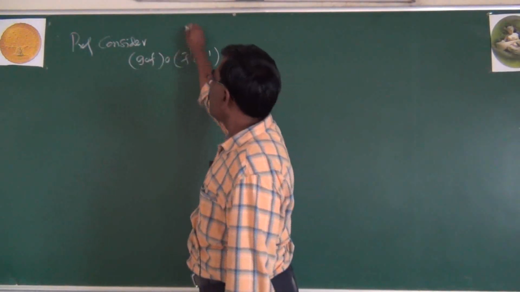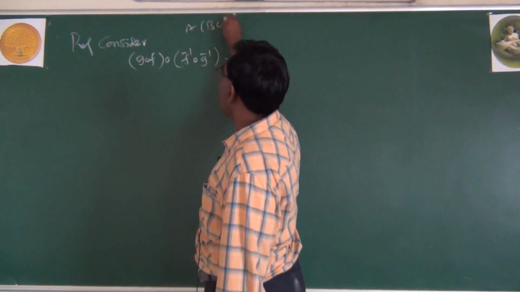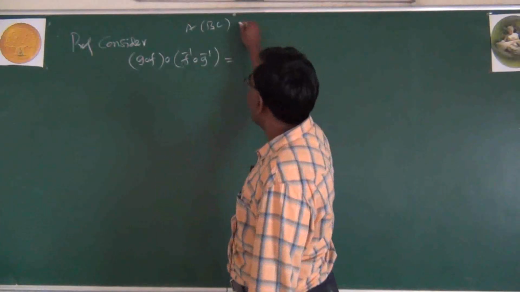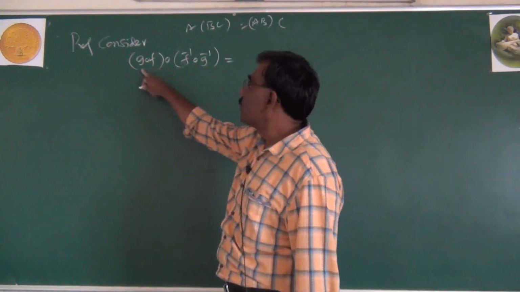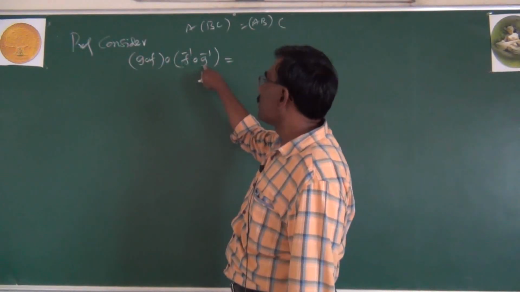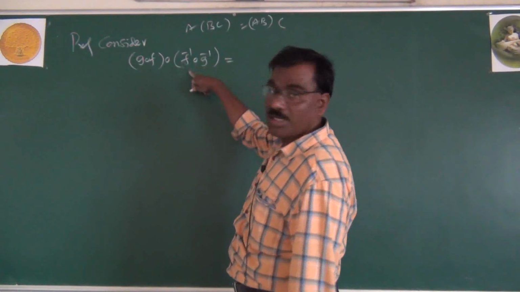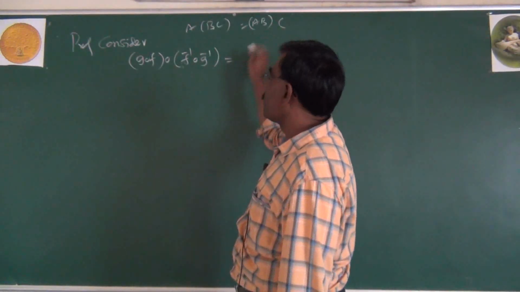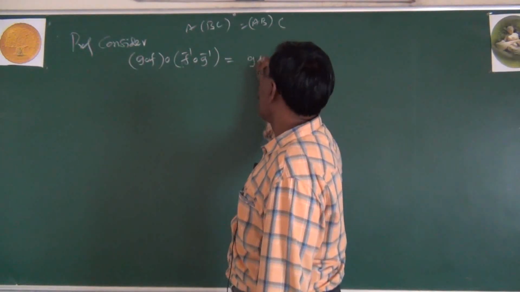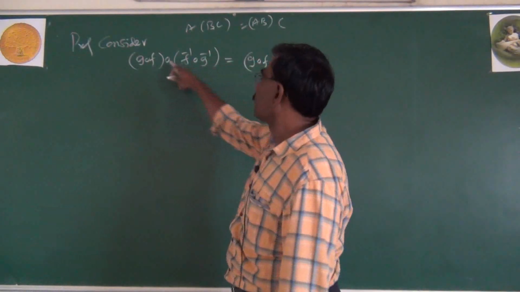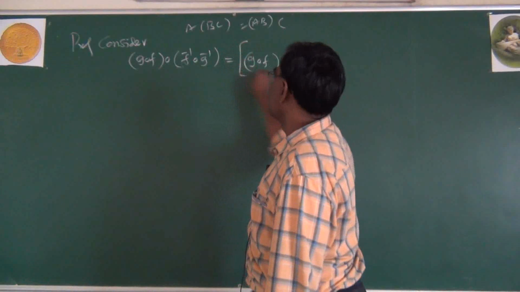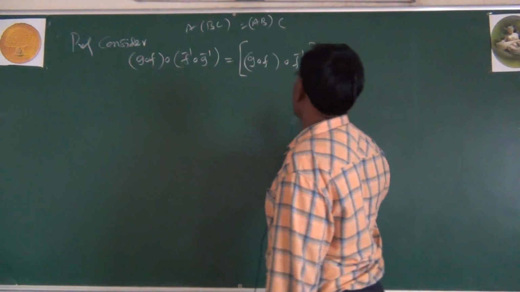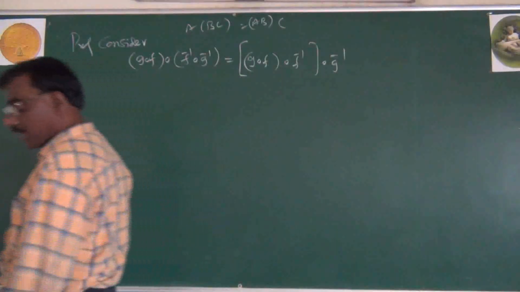Now use the associative property: (AB) into C equals A into (BC). Here A is g∘f, B is f inverse, and C is g inverse. Be careful.